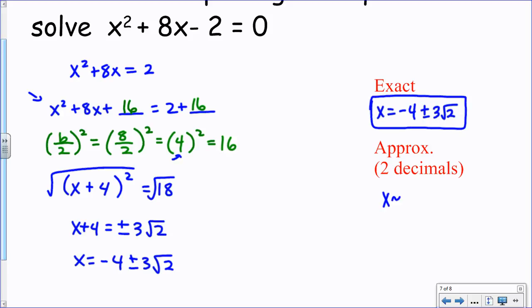Then I need my approximate answers. So do negative 4 plus 3 square root of 2, negative 4 minus 3 square root of 2.